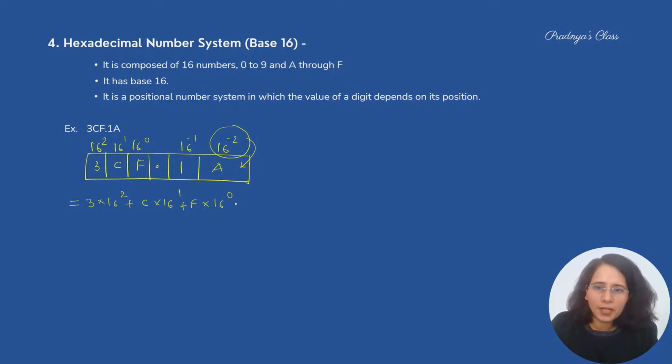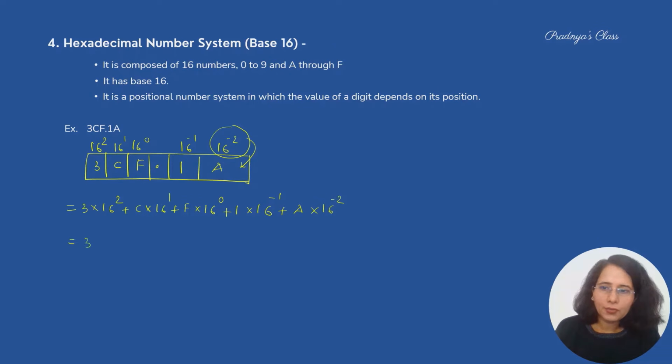Then write for the fractional part plus 1 into 16 raised to power minus 1 plus A into 16 raised to power minus 2. Solve it further. 3 into the square of 16 is 256.